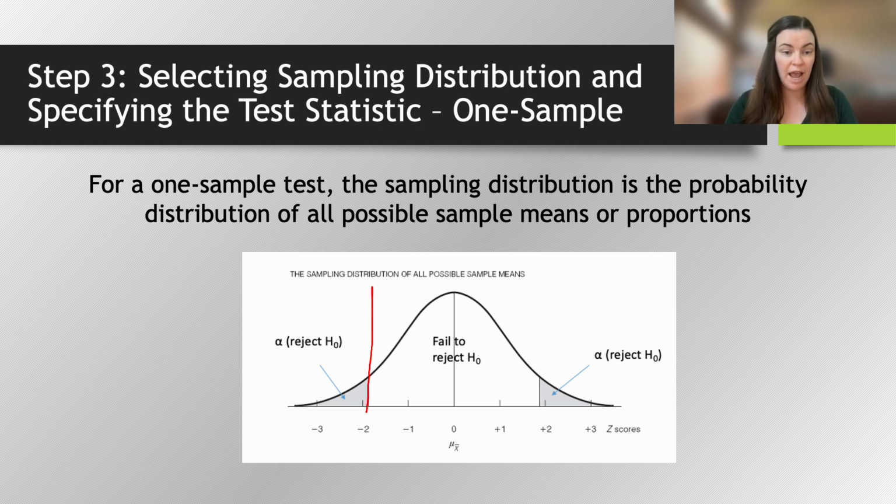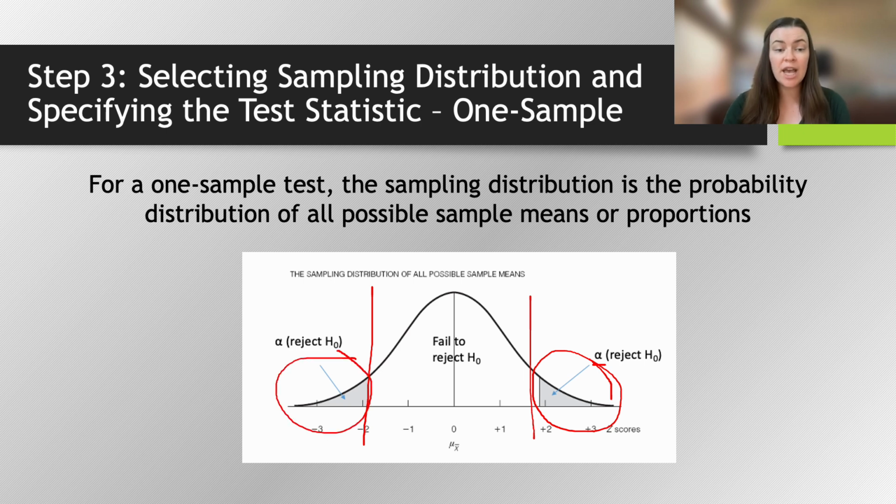In this case, again, our alpha values here, which is what you see as this little symbol here, serve as the barriers of our rejection zone. So if our test statistic falls into either shaded region here, we will reject our null hypothesis. Here in the middle, if we fail to reject our null hypothesis, that means that our test statistic fell within our safety zone, or right here in the middle.